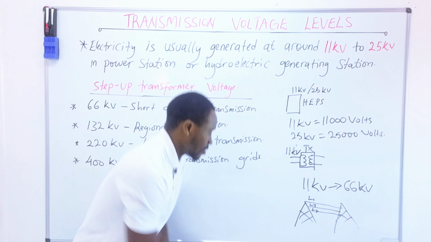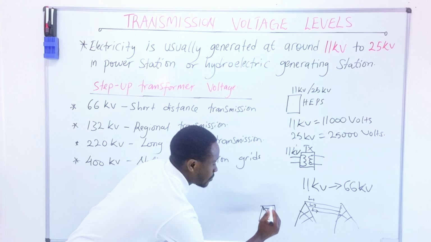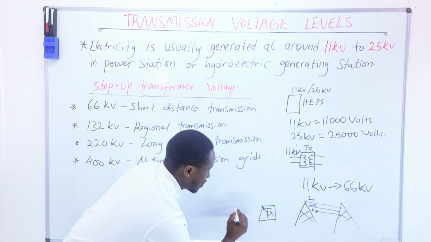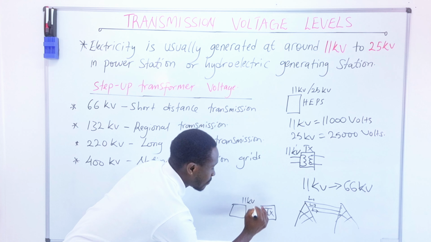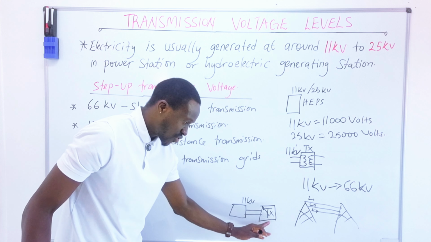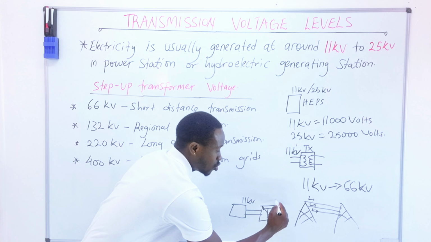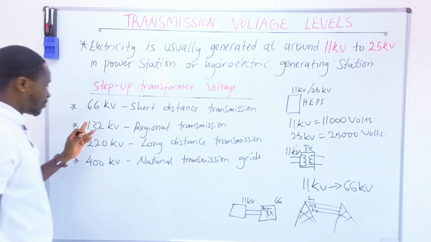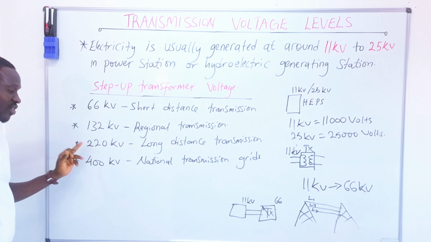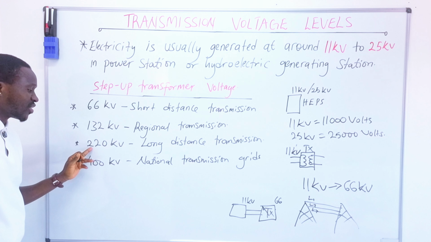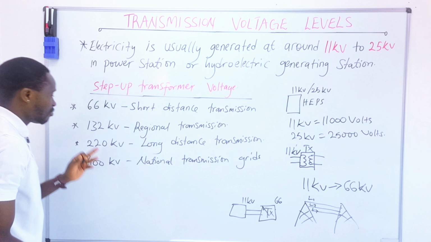This is the transformer here, TX, and this is the generator. The generator produces 11 kV and sends it to the step-up transformer. A step-up transformer will step up to 66 or 132 for regional transmission, or a transformer which steps up to 220 kilovolts. These are 1000 volts.